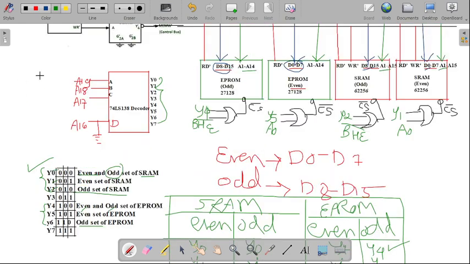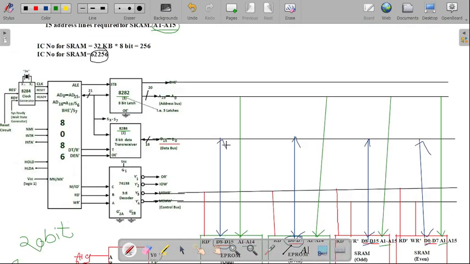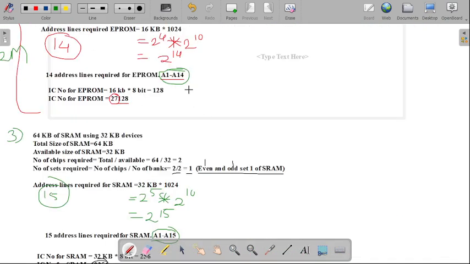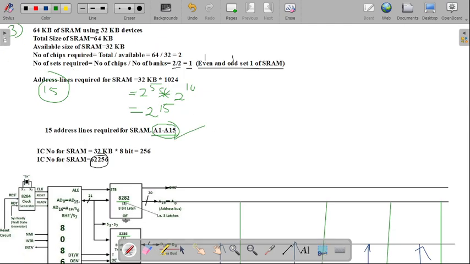We have a total of 20 bits of address bus, and out of that 20 bits, we are using this A0 signal for our even set of our RAM as well as ROM. And whenever we have calculated the address lines, we got the numbers A1 to A14 and A1 to A15.